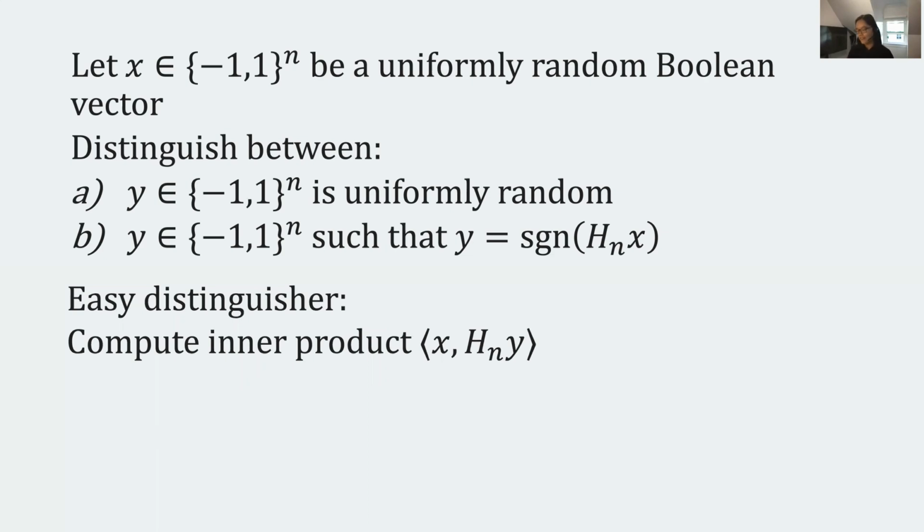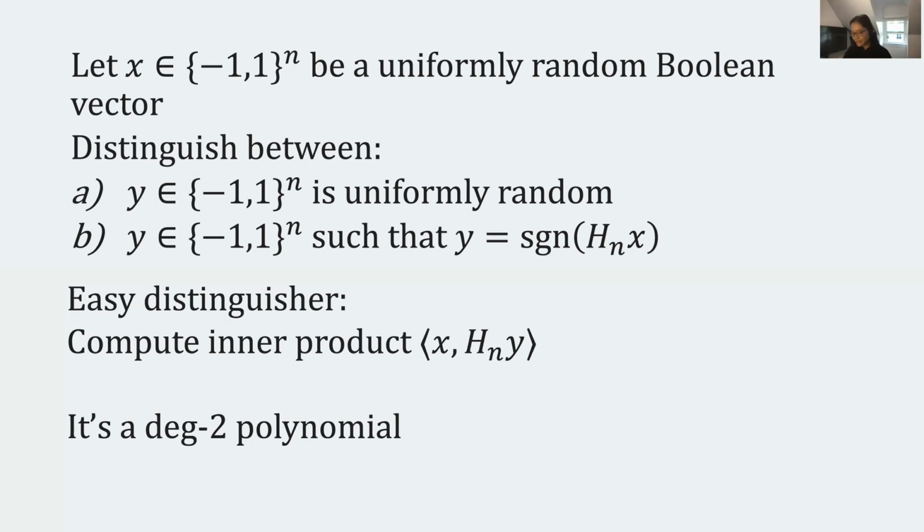Then you say it came from distribution A if this inner product was low, and it came from distribution B if this inner product was high, and you'll be correct most of the time. This test even has the benefit of being a low degree polynomial, because the inner product, if you expand it, is just a degree 2 polynomial in the bits of x and y.